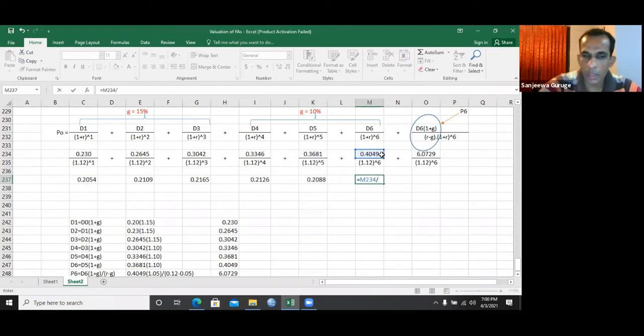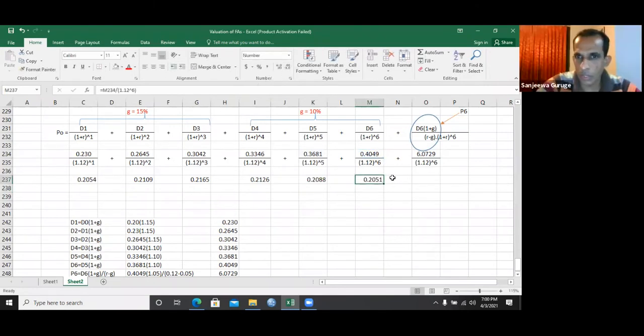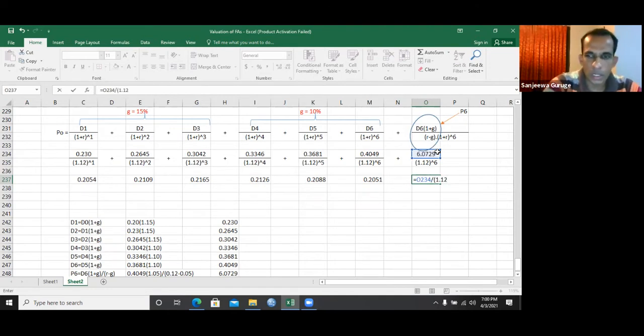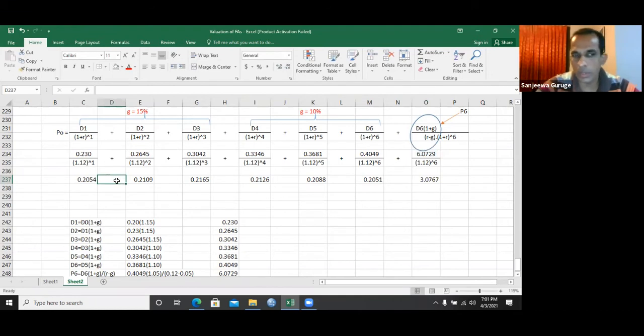Then D6, 1.12 to the power 6, 2051. And then you need to discount the expected selling price at 12% for 6 years. It is 3.0767, right? So that is correct.